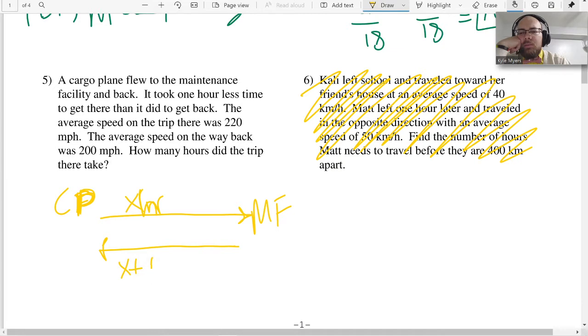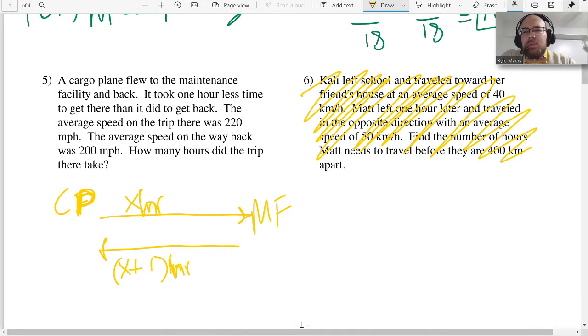X plus 1 hours. So it took 1 hour longer to get back. It is a word problem, so it is a little tricky. Got to be careful. But that's that setup right there. That's probably the hardest part as far as the setup goes.